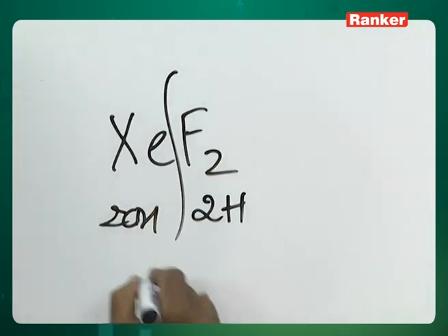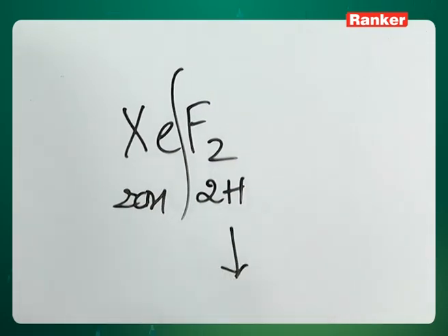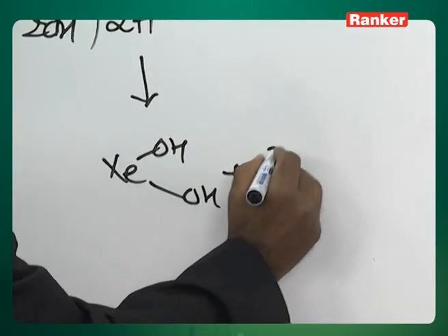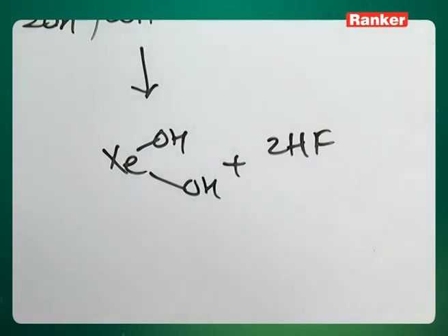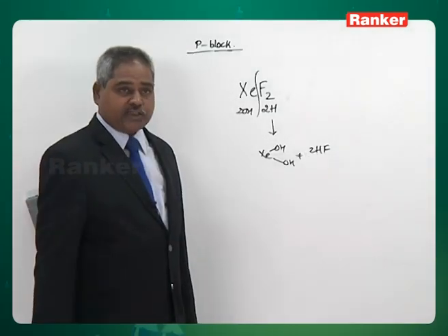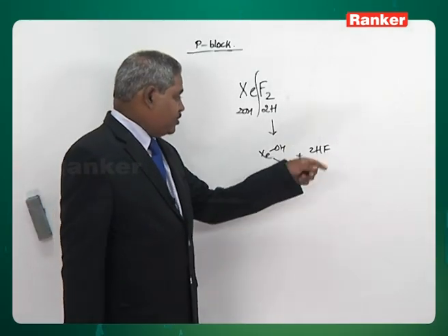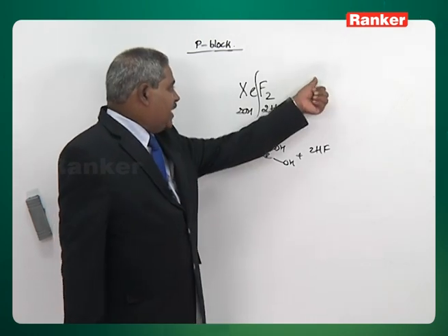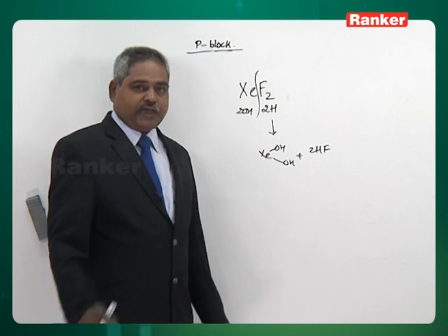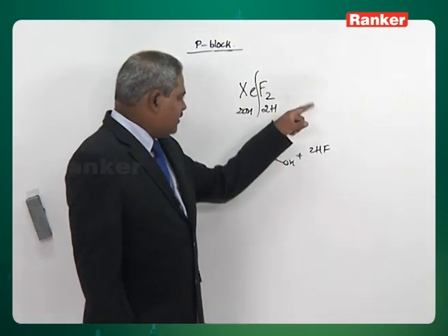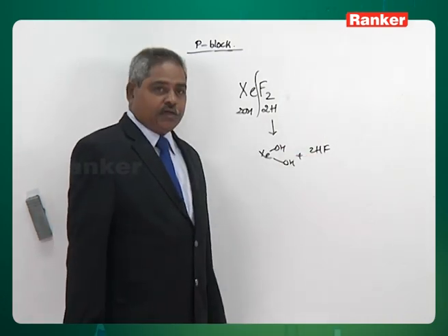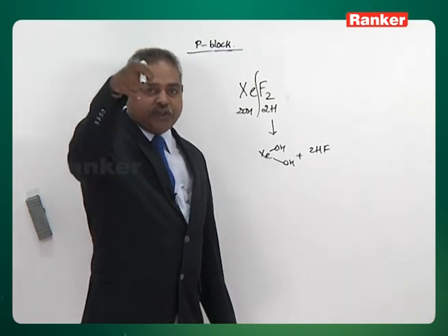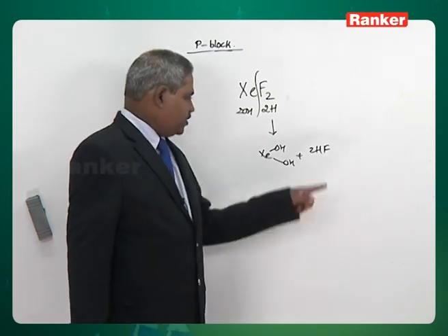Of course, until here we have discussed it. XeOH twice. 2HF, hydrofluoric acid, the one in which glass dissolves. Hydrofluoric acid is used in the etching of glass. I think the 2011 matching contains one of the products used in etching glass.